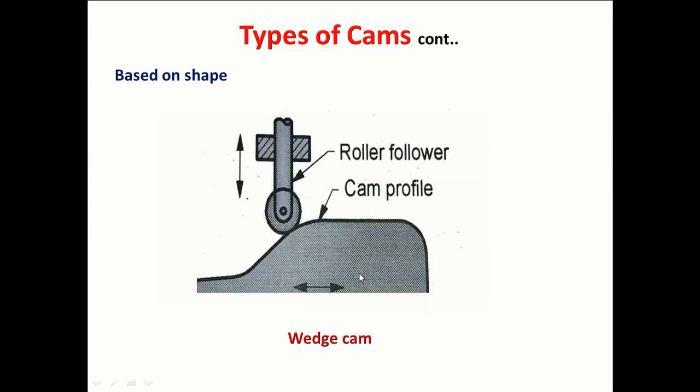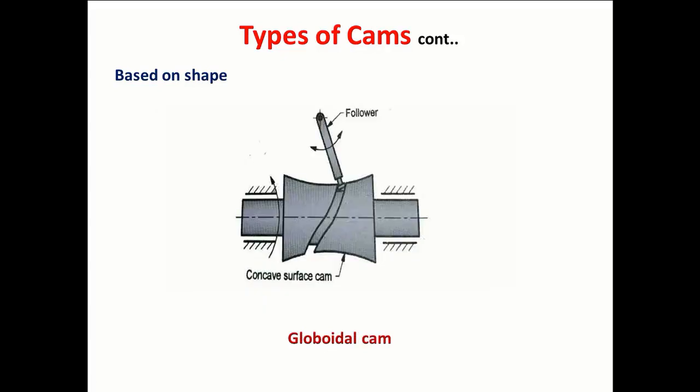This is a wedge cam which is reciprocating in the horizontal direction to give reciprocating vertical movement for the follower. This is a globoidal cam wherein a groove has been made on the concave surface. As the cam rotates, the follower will oscillate about the pivot point.